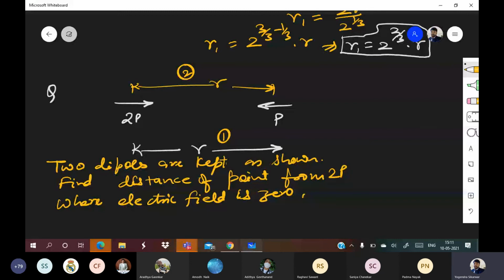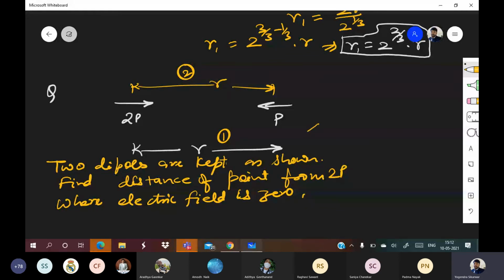Okay, so sir, I did not see that, sir. What did you not see? I have mentioned the distance between the two dipoles. Let me show it with another blue color.